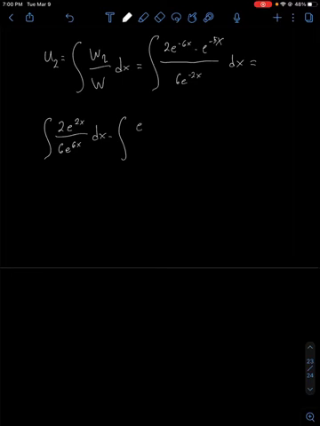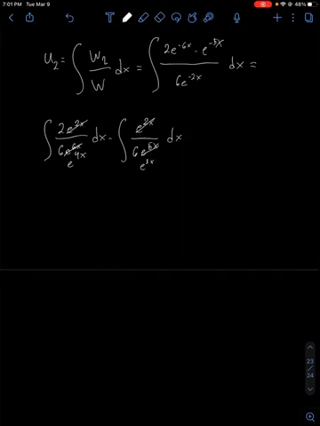e to the 2x over 6e to the 5x dx. Now this e to the 2x goes away, this 6x gets replaced with e to the 4x, e to the 2x goes away, e to the 5x gets replaced with e to the 3x, and now we can rewrite these in terms, also this and this goes 1 to 3, and that stays the same.